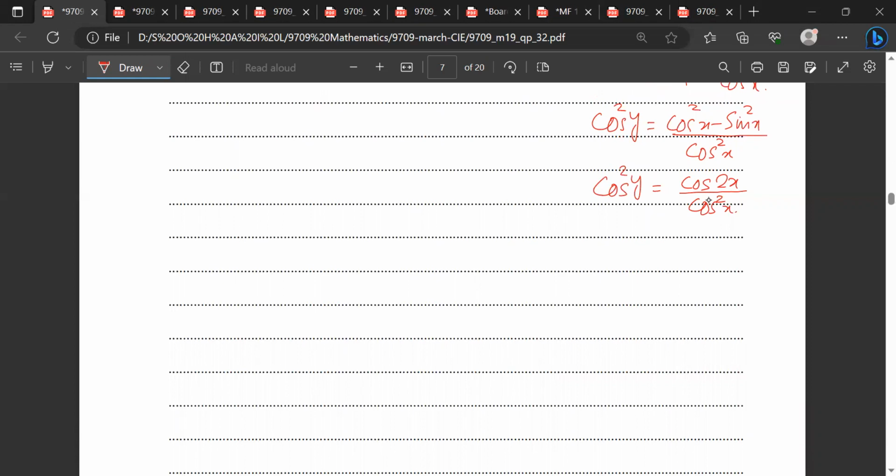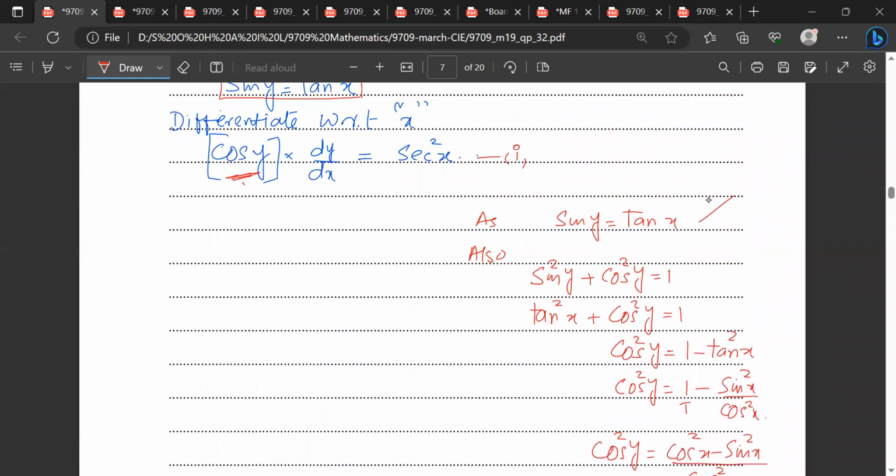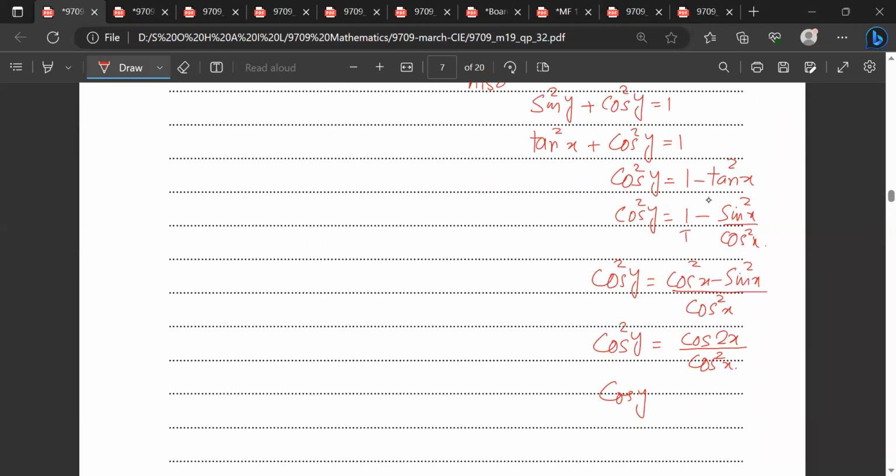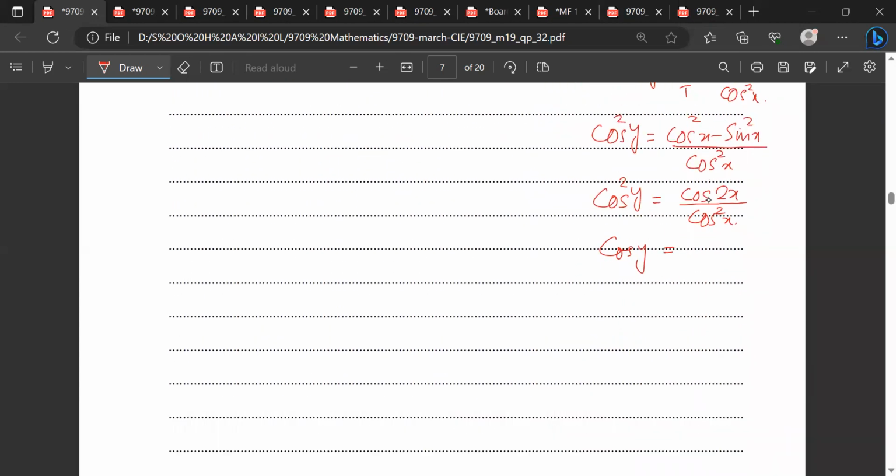And cos of y, because we need cos of y. So cos of y in this way is the square root of cos 2x over cos square of x.